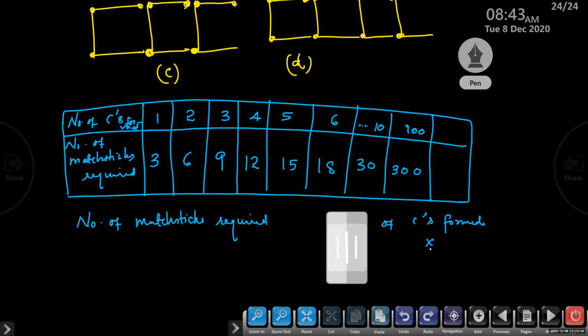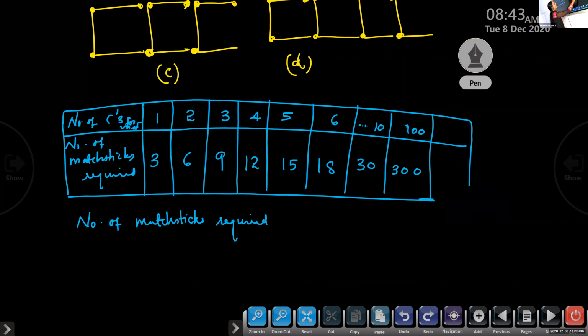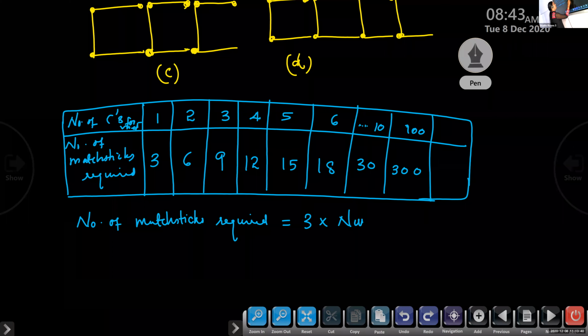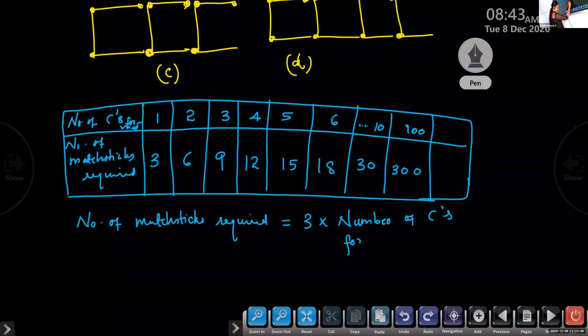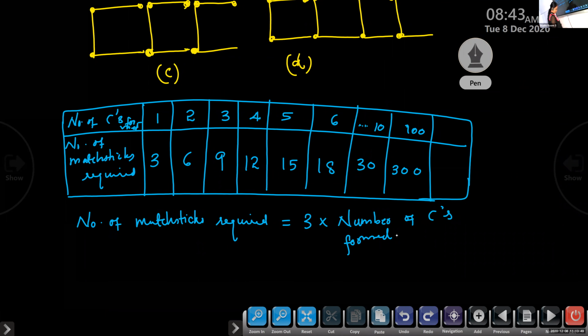Okay, so I will write that 3 first. Okay, children, so 3 into number of C's formed. Now it is 3 into number of C's formed.